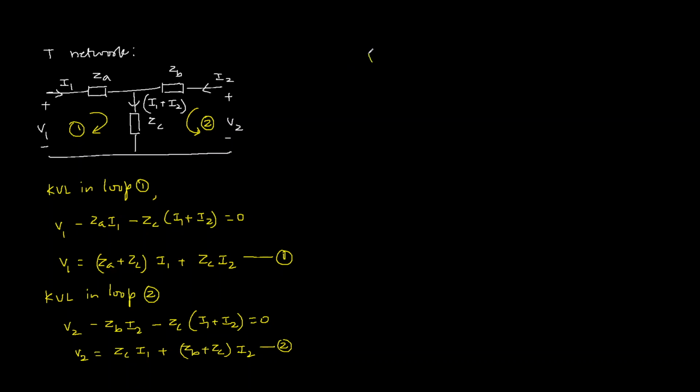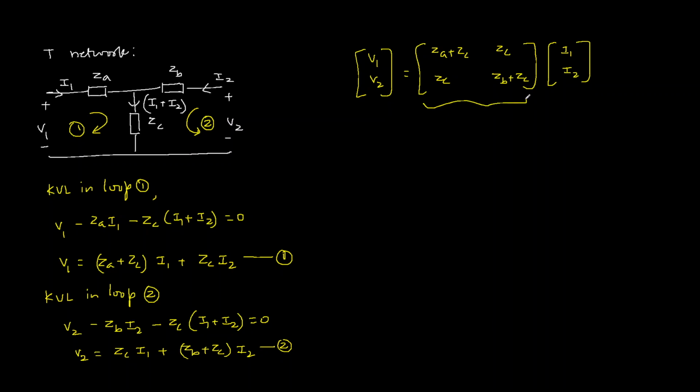We can write these two equations in matrix form. So this is ZA plus ZC, and then ZC, ZC, ZB plus ZC, times I1, I2. So this is basically the Z matrix.